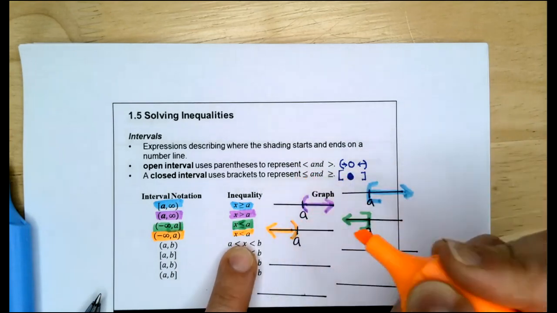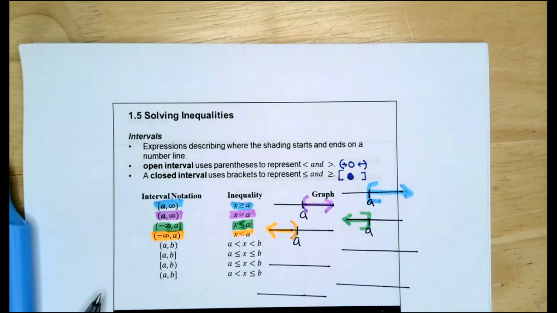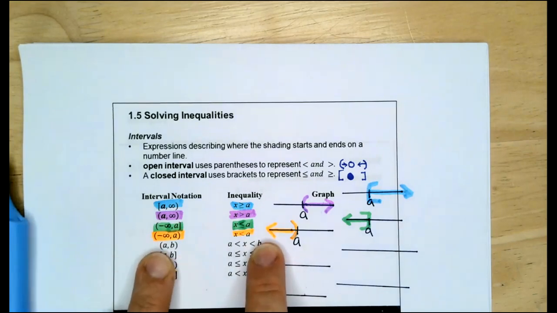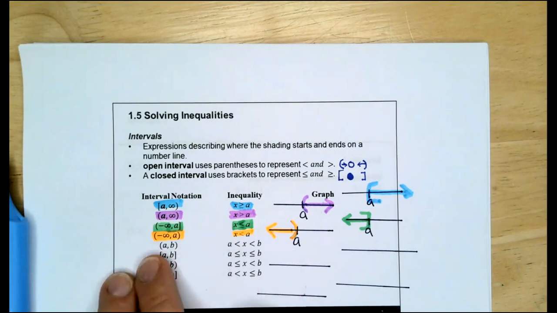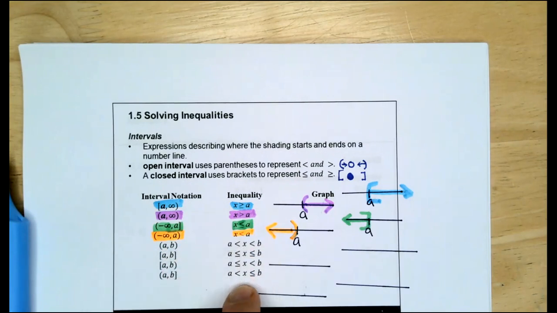It's just going to have the parentheses. So I'm done. Okay. How do I read it? It starts with negative infinity. So I'm going to do parentheses, negative infinity. It stops at A. A has a parenthesis, not a bracket. So I write it as open the parentheses, negative infinity, A, close the parentheses. Good?